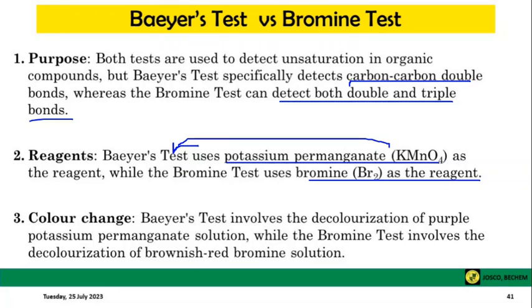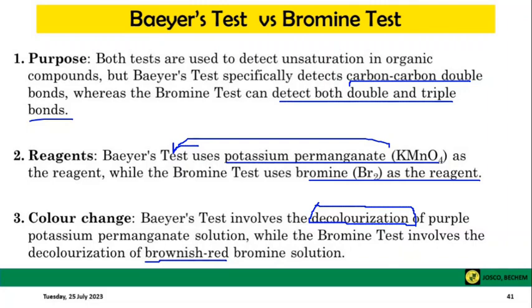For the color change, we are saying that all of them would undergo decolorization, that is, if it is a positive test. The difference here is in terms of which color is being decolorized. For example, for Bayer's test, the purple color of the potassium permanganate would change to colorless, whilst for the bromine test, there will be a color change from brownish red or red brown to colorless.